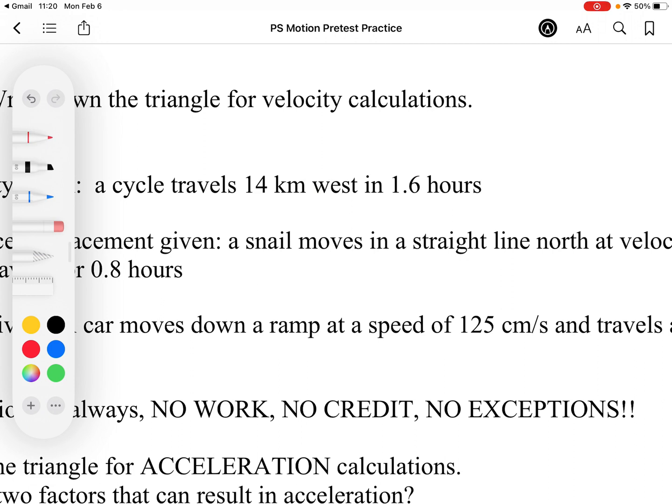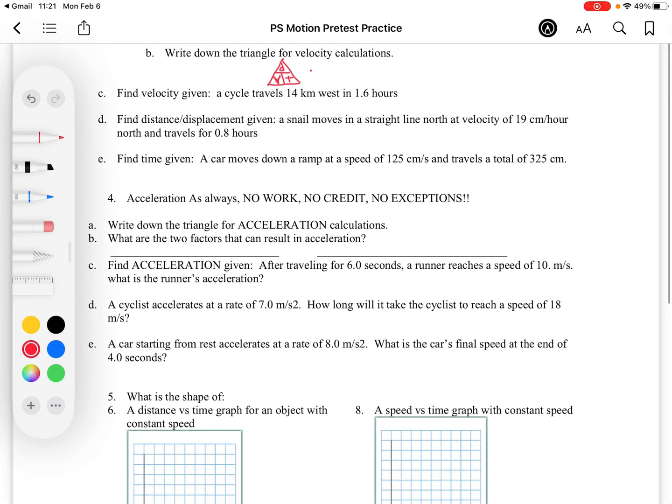So here's my triangle. Not very nice. I might try to make this bigger and draw it again. So let's go to velocity equals distance over time.